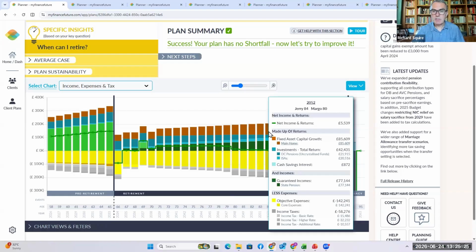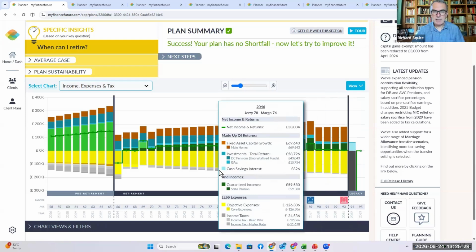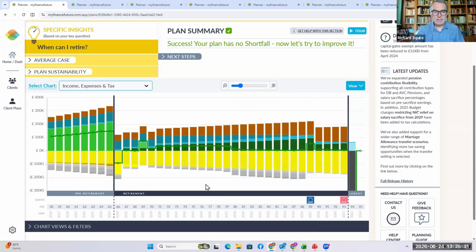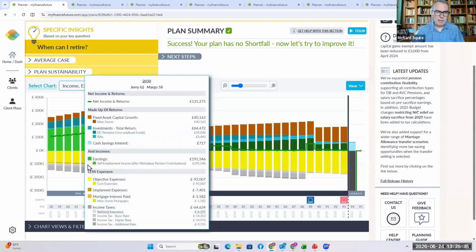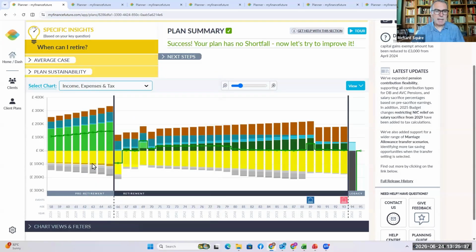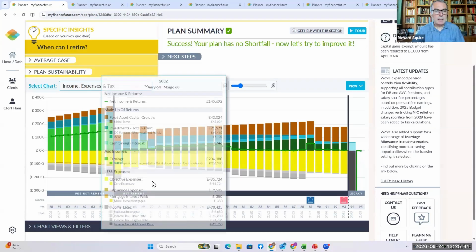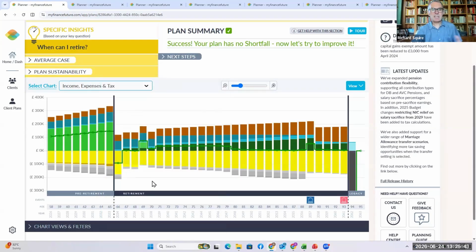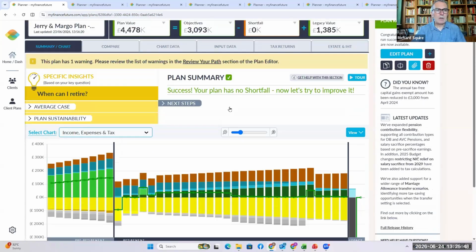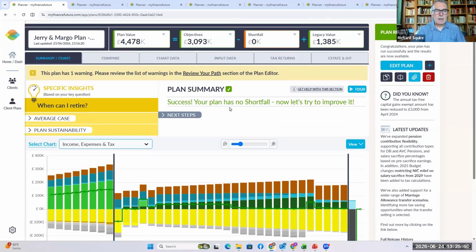There's some investment returns, and there's some capital growth on the main home. And below the line, you've got expenses, and you've got tax. Back here, actually, there's one other thing: some unplanned expenses and some mortgage interest as well. So income, expenses and tax is the scope of the chart. Hopefully that answers the question.